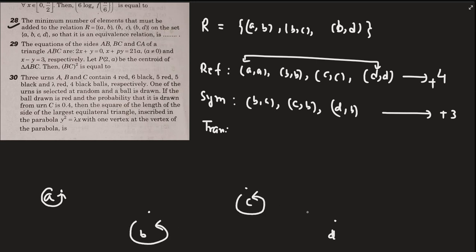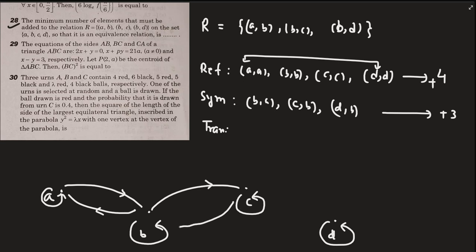For symmetric, A to B is one bridge, B to A is another bridge, B to C is given, then C to B is another bridge. Now BD is one bridge, B to D, then D to B is another bridge.